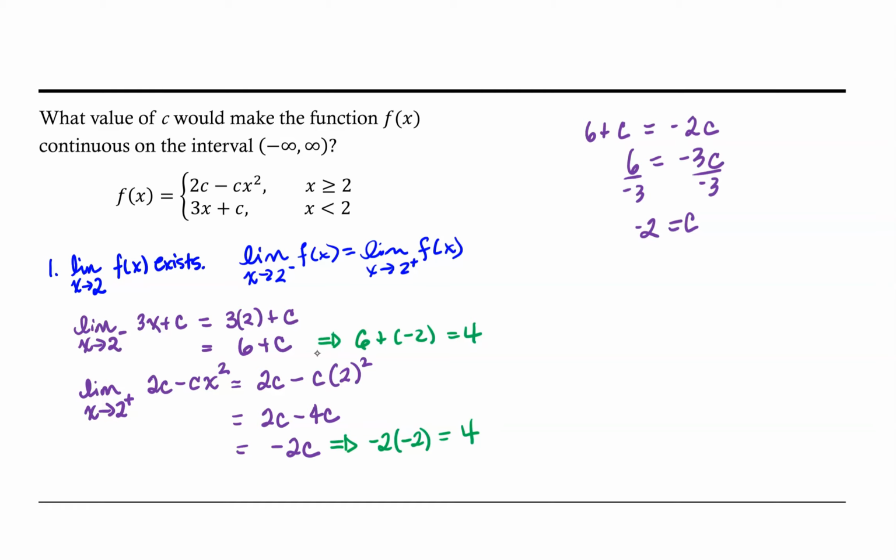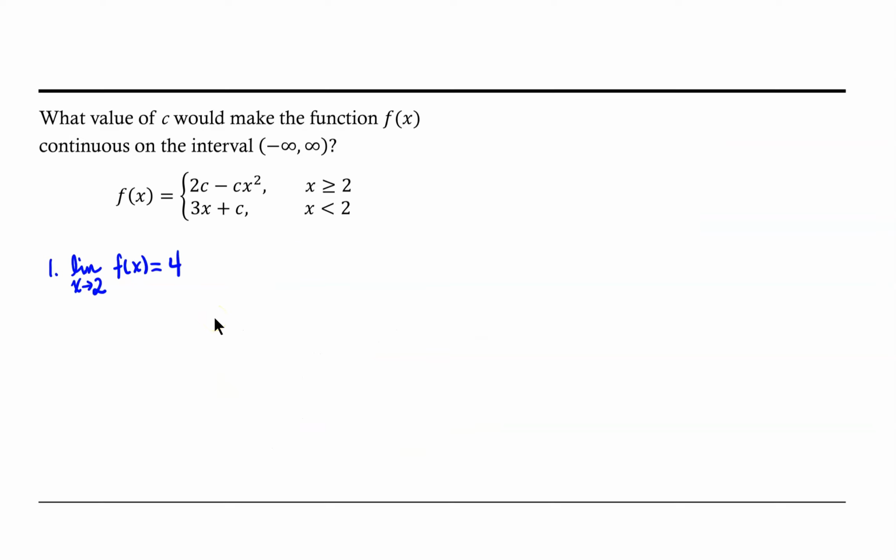So the limit as x approaches 2 of f of x exists and is actually equal to 4. So we've taken care of the first criteria to ensure that this function is continuous everywhere, especially at x equals 2. Now the second criteria is that f of 2 is defined.